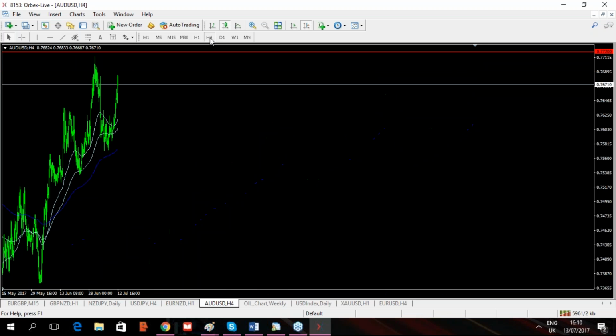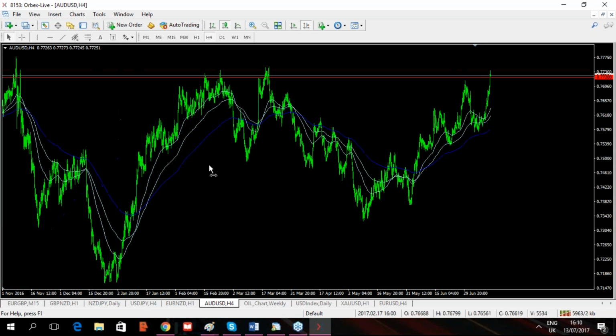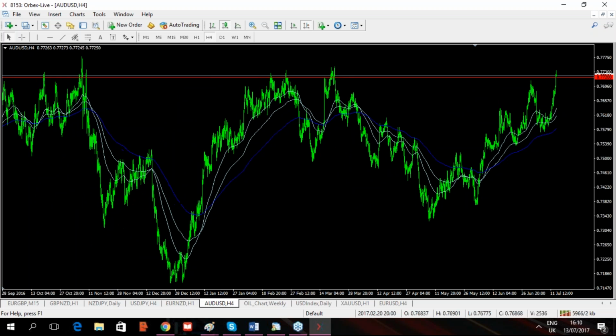Let's go on to the 4 hour chart. On the 4 hour chart you can see the same story. It is still very, very strong. Because we looked at it from the 1 hour chart, one time frame up, the 4 hour, is a good time frame to look at support and resistance.